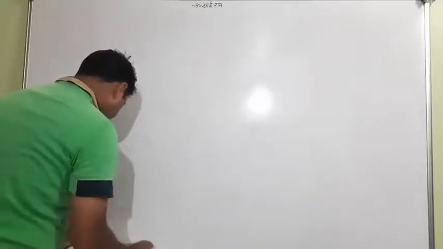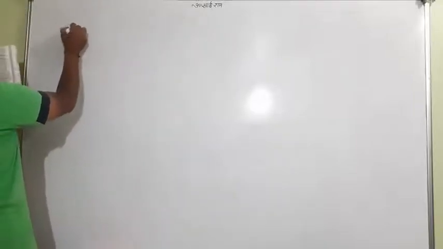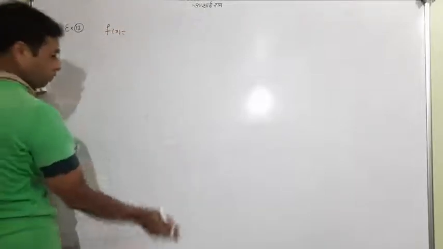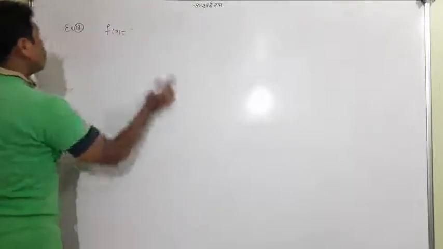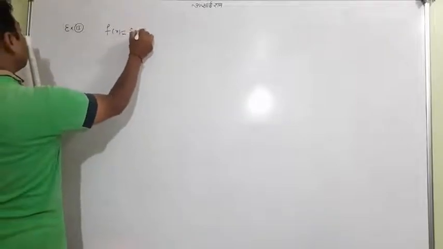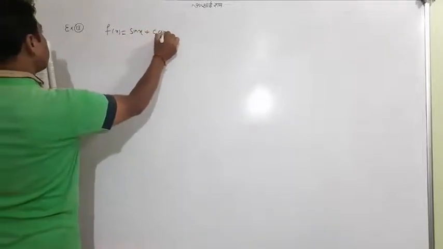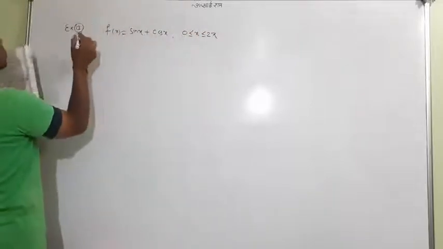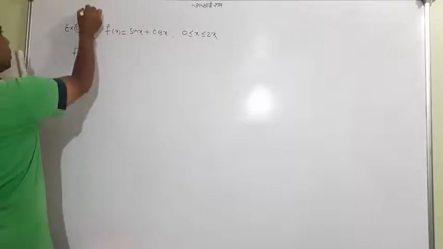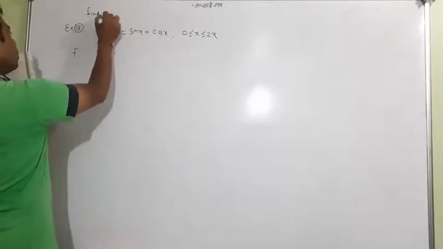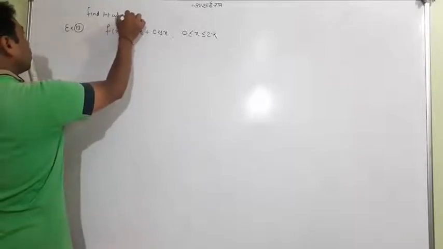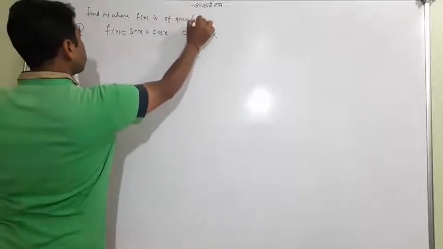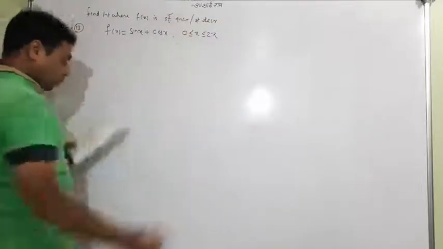The question says: f of x is equal to sin x plus cos x, where the interval is given, and find the interval in which the function is strictly increasing, strictly decreasing. So the very important word strictly is given.